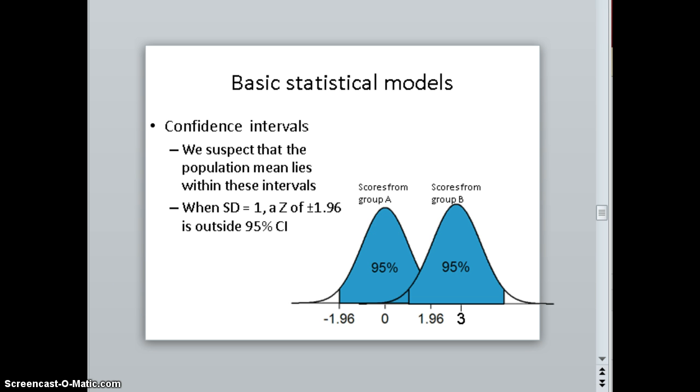One way to compare groups using normal distributions is to use confidence intervals. So if the scores are normally distributed, then we know that 95% of the time, or 99% of the time, or 99.99999% of the time, the true mean is included in this distribution.